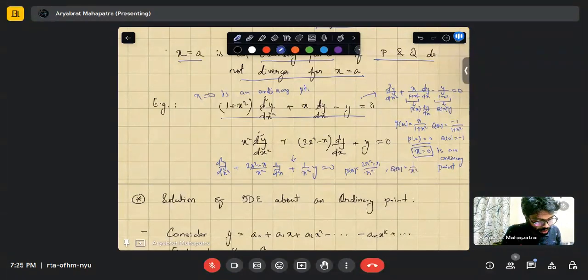You will see that in both p and q at x equals to 0, p goes to infinity, and q also goes to infinity. So that's why x equals to 0 is not an ordinary point in this case for this differential equation.